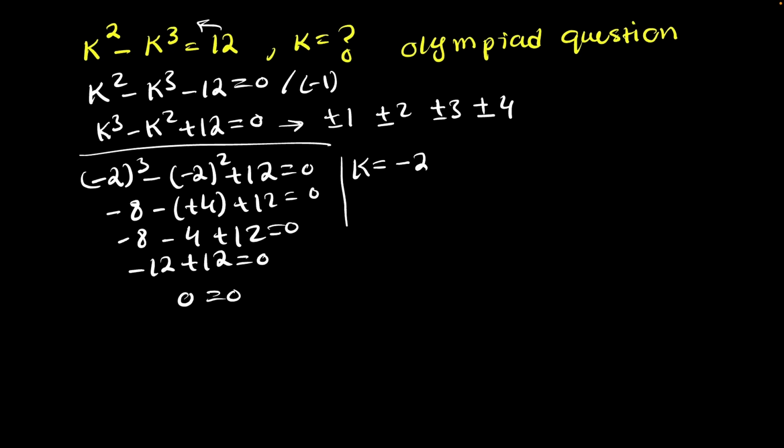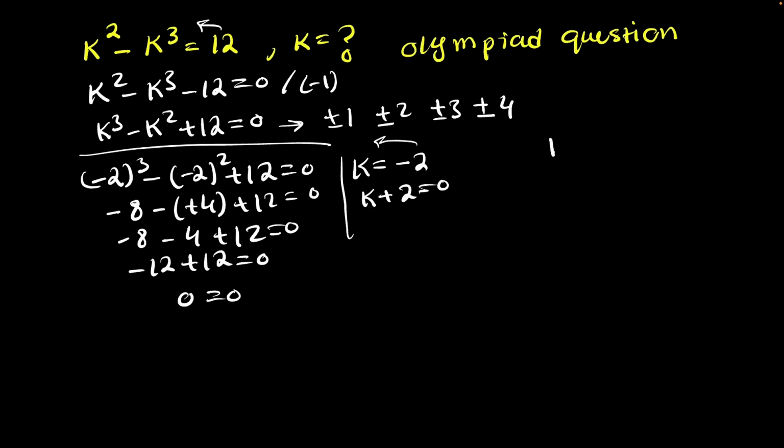If you bring -2 to the other side of the equation, it becomes k + 2 equal to 0. So actually we found one bracket, or one factor, of this equation. So let's find another factor, another root. To find another one, we are going to do long division.